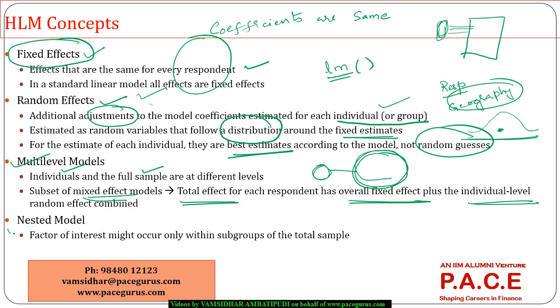And in some cases we can have nested models, wherein the factor that we are typically looking at will occur only within some subgroups of the total sample itself. So we don't find them across, right? Let's say in a simple nested model, we are looking at the sales with respect to different promotions.